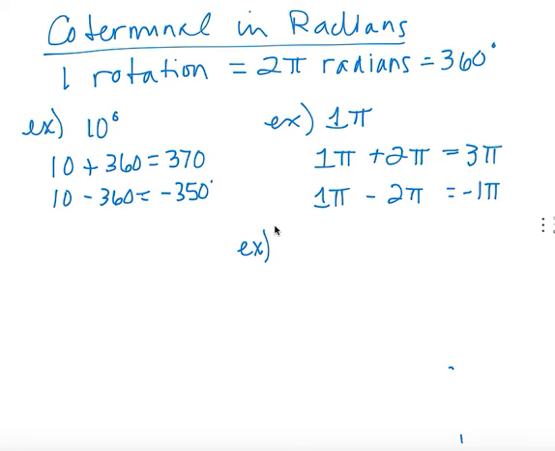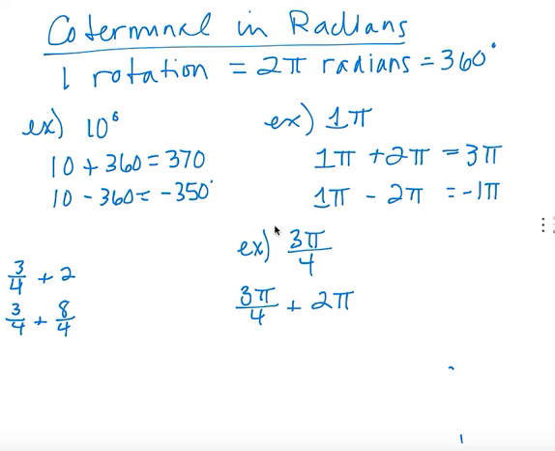So if I have, let's say, 3 pi over 4, and I want to find an angle coterminal with it, I want to say that's 3 pi over 4 plus a rotation, which is 2 pi. Now I need to remember that to add fractions, I need a common denominator. So if I wanted to add 3/4 and 2, I would need to rewrite 2 with a denominator of 4 first.